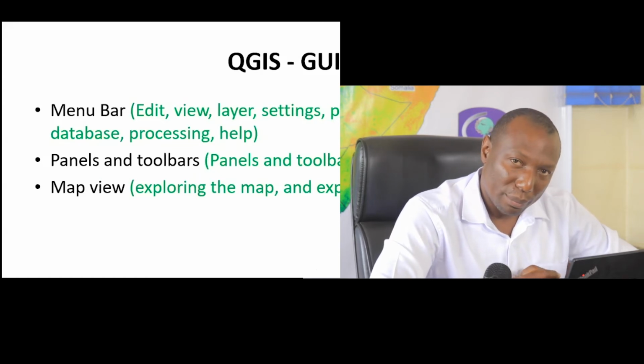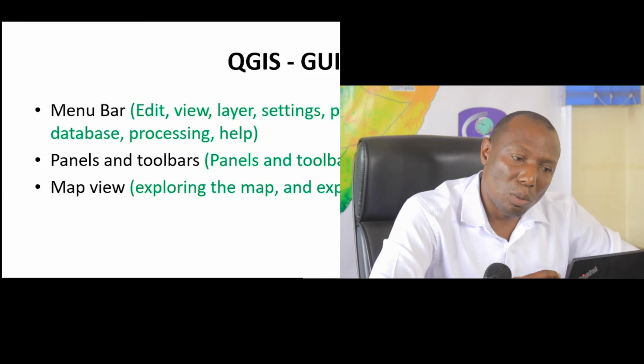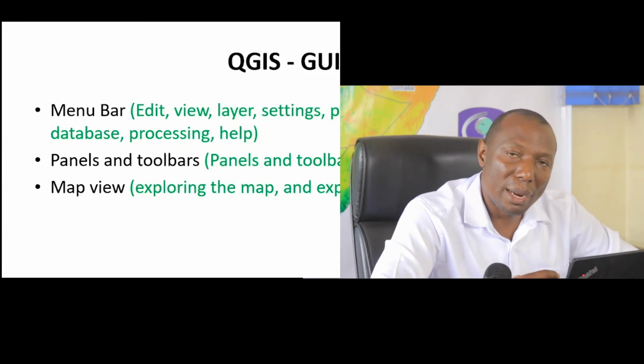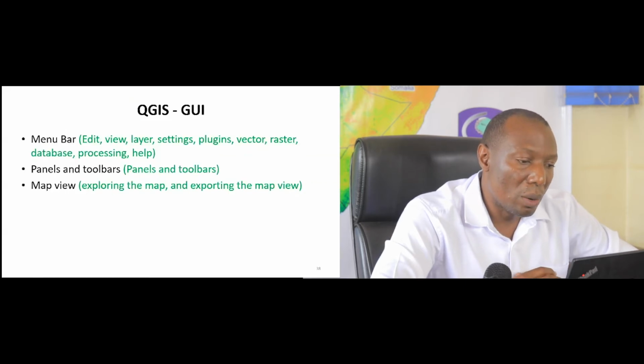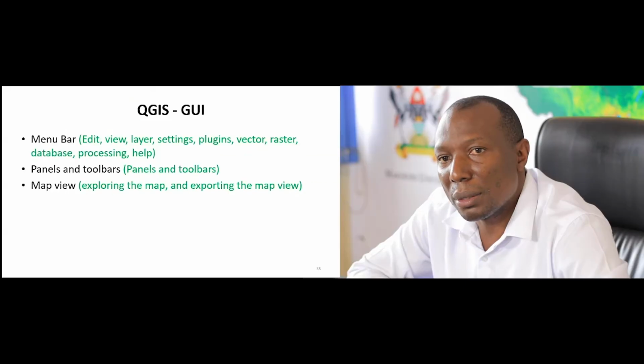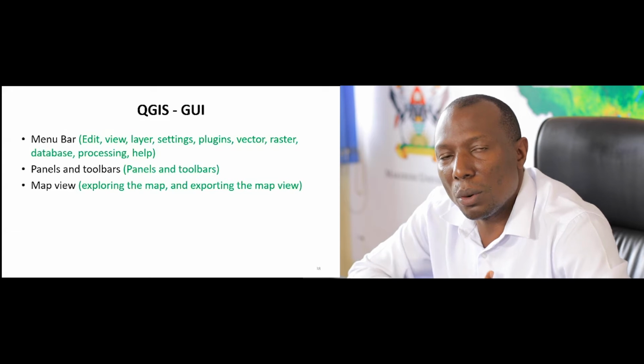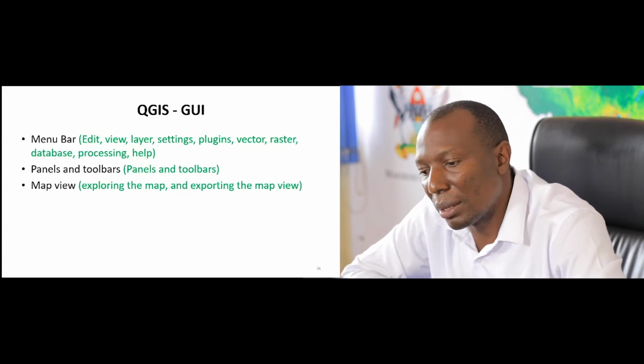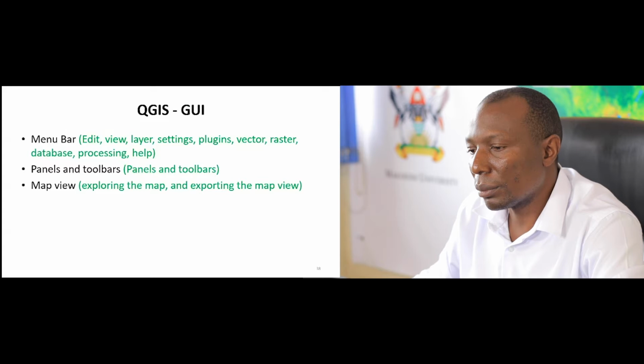If you're carrying out simple analysis, you're basically running it under vectors, rasters, and processing. We have panels and toolbars. Toolbars give us added functionalities or shortcuts to the functionalities of what we want to do.